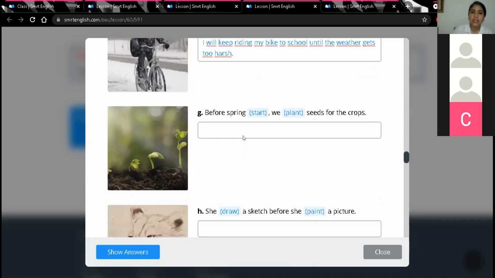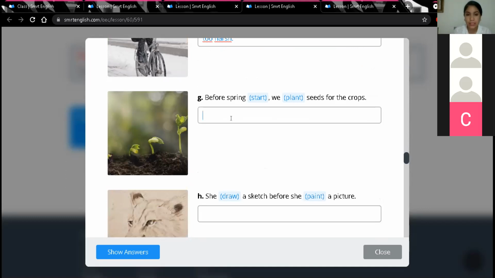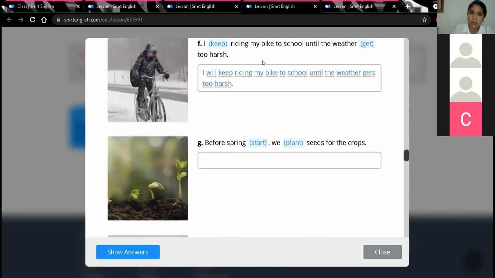Okay, letter G, Christian. Teacher, can we use the word harsh for things other than weather, like if we say this homework is too harsh, or is it a word you only use for weather?